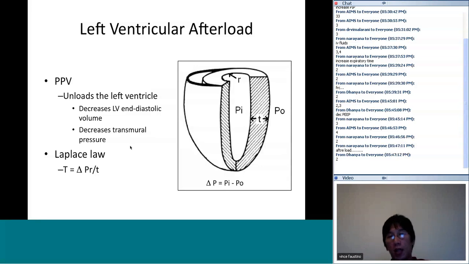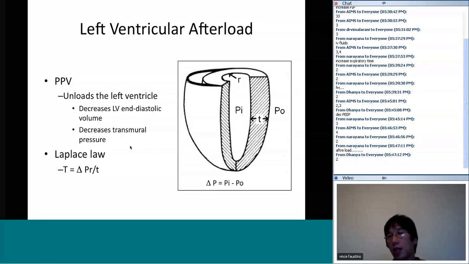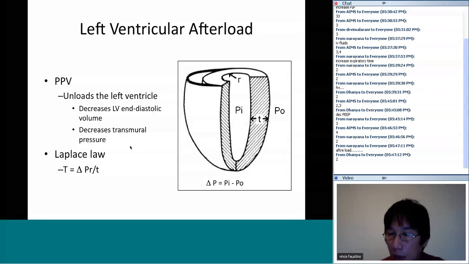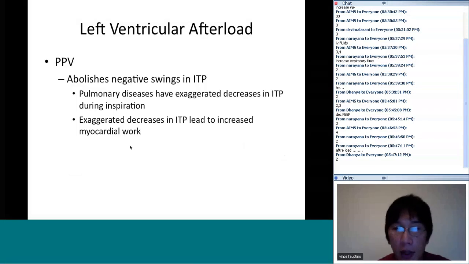That analogy of someone pulling your hands out is the same as with spontaneous breathing or with a negative intrathoracic pressure. And if someone is pushing from outside going inside, that's the same analogy as when you have positive pressure ventilation. I think if you remember that analogy, it's easier to understand how positive pressure ventilation improves or unloads the left ventricle.